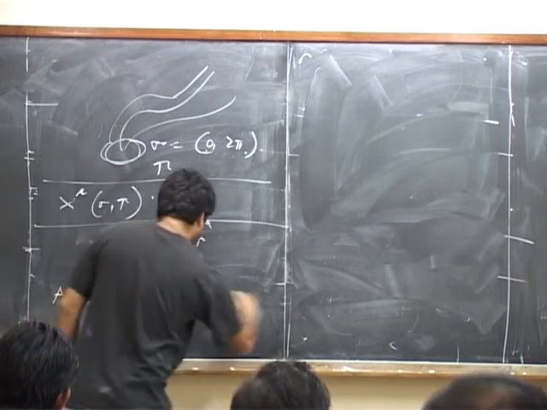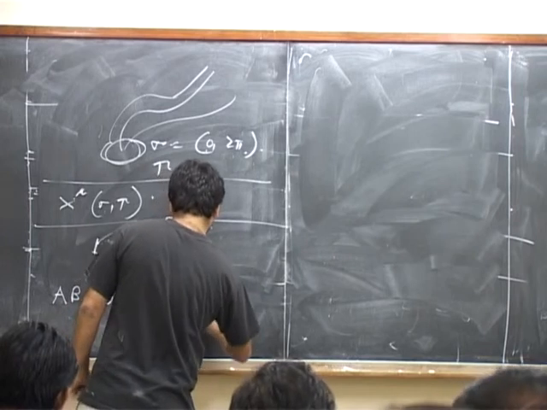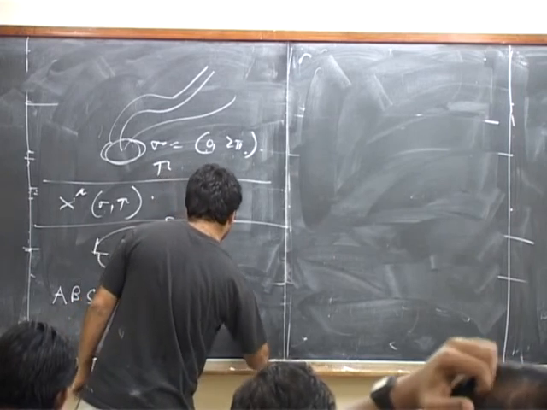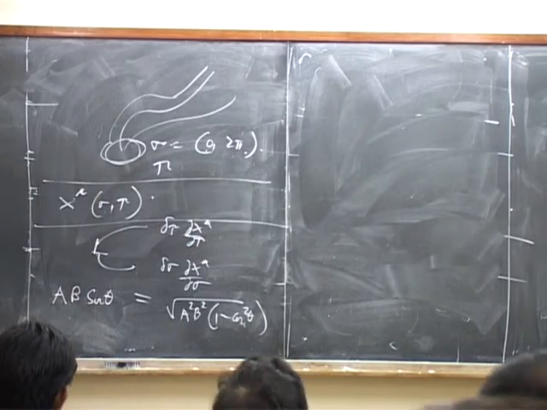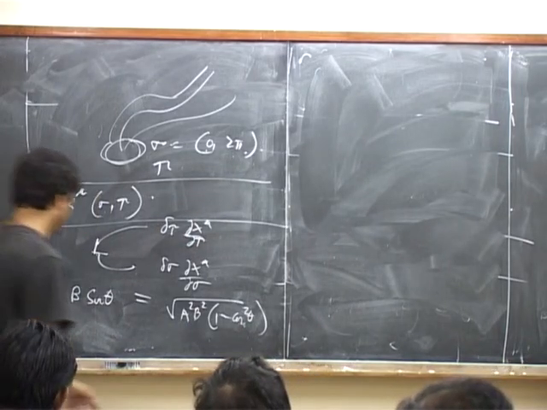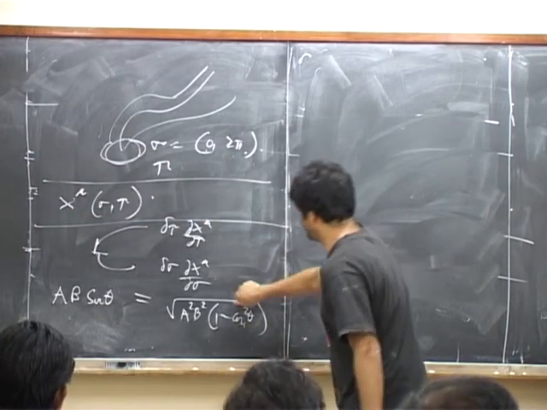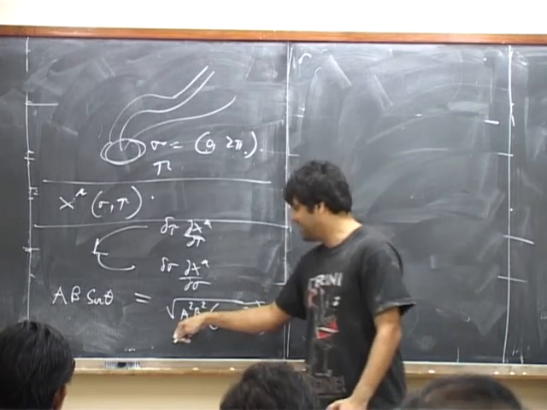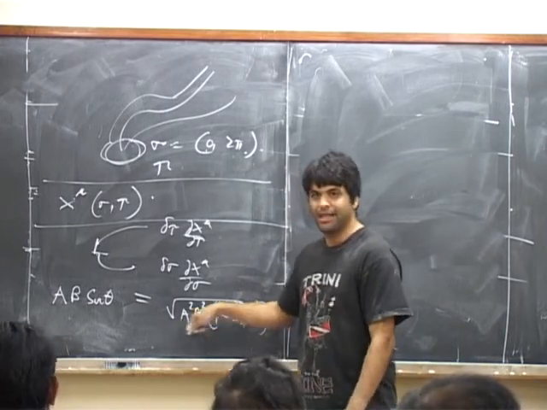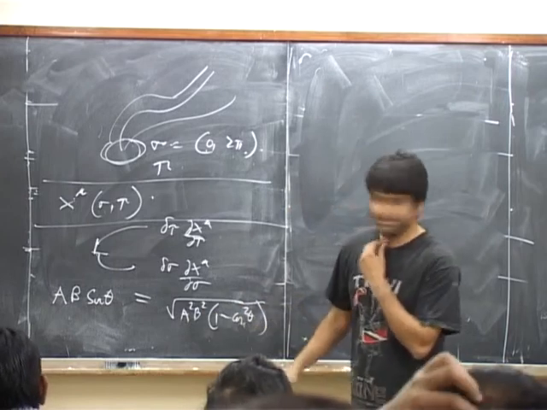So it would be useful for us to write this as the square root of A² B² (1 − cos²θ). Why is that useful? It's useful because each of these expressions can now be written as a dot product. This is A·A, this is B·B, and this is (A·B) squared.